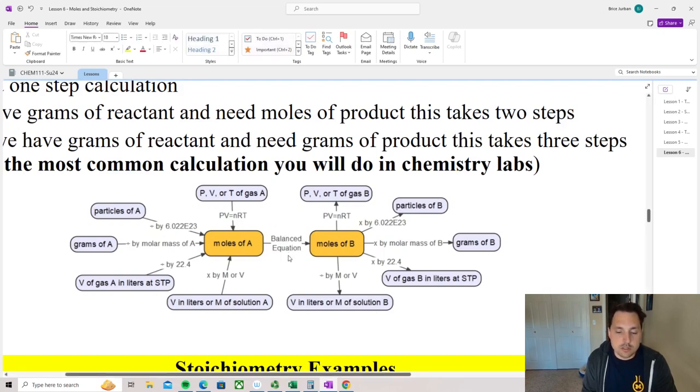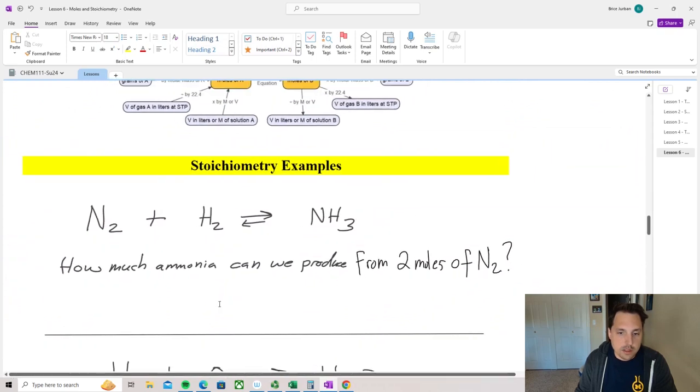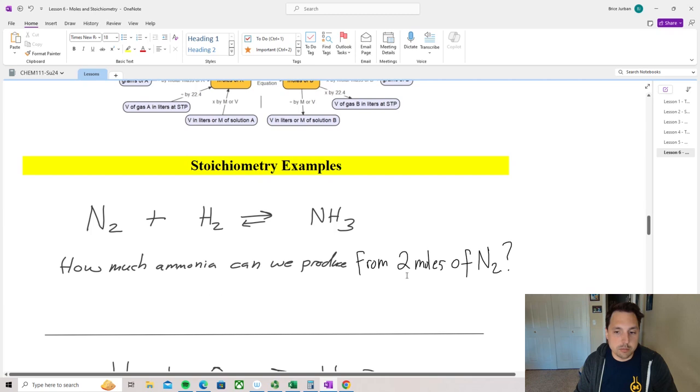I'll show you what that means in just a sec. So let's go through and practice these problems together. And when we get about halfway, I think you can probably pause the video and try them on your own. But all this is going to be found in the supplemental chapter for our textbook. You can also find it in chapter 11, but the supplemental chapter kind of breaks it down a lot simpler.